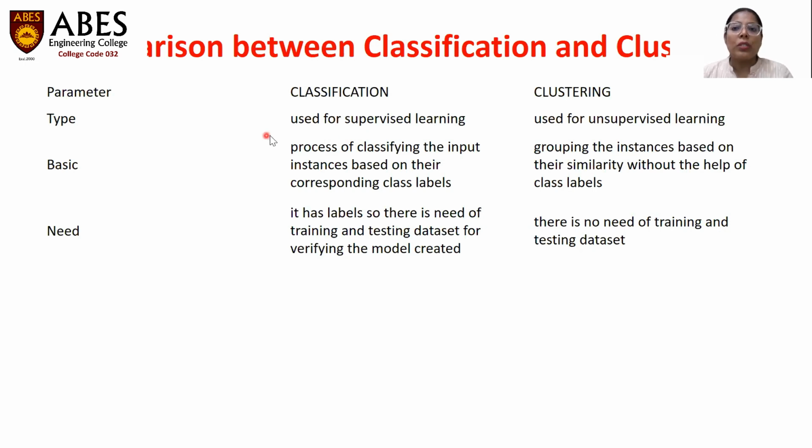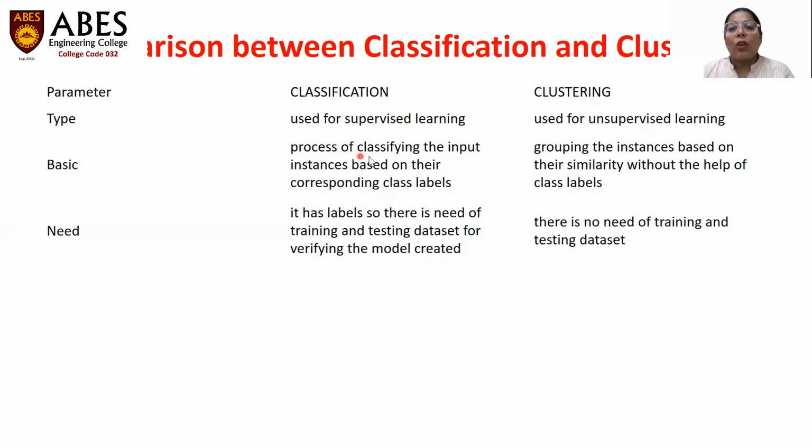So classification is an example of supervised learning. It means you have prior information, as I already explained in the classification introduction. And clustering is unsupervised learning. It means here you don't have prior information. Based on the similarity, the data are grouped into a category or cluster.